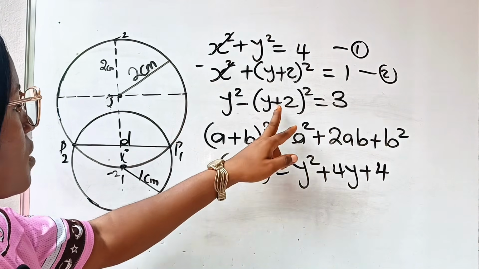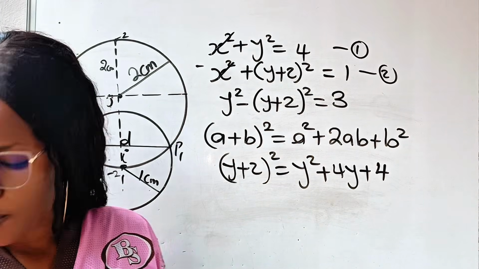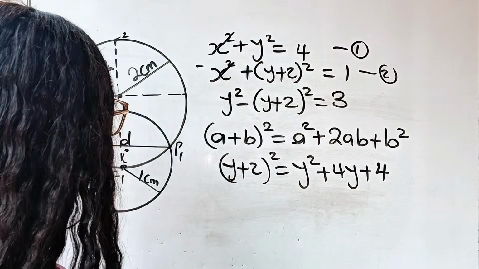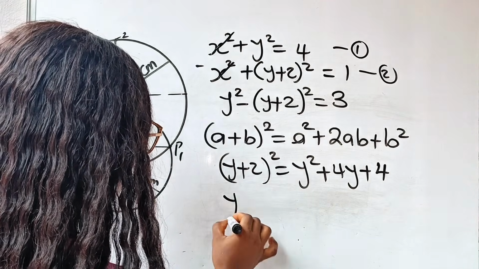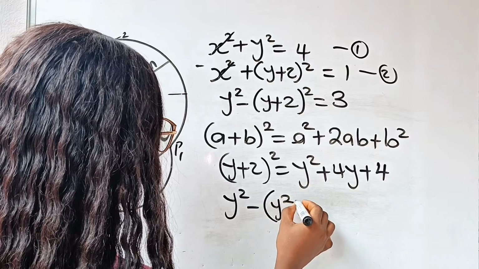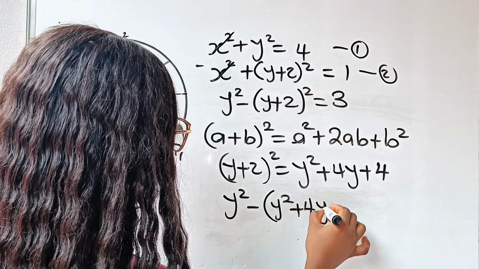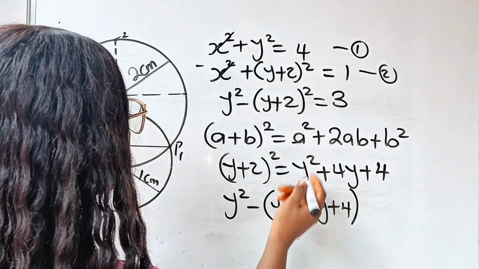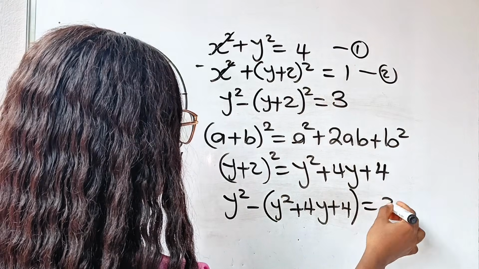So we are going to replace this with the whole of this. So going further, we are going to have y squared minus the whole of this, is equal to 3.